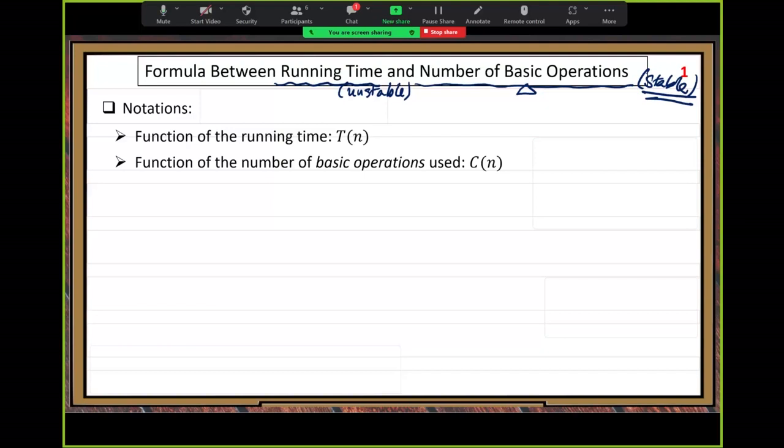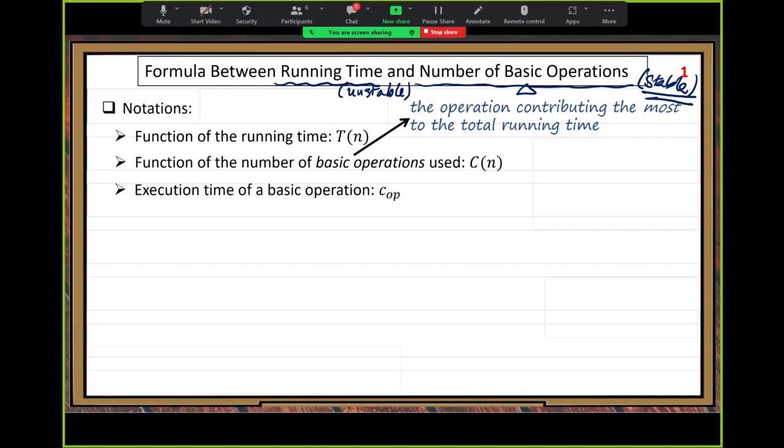If we look at our polynomial evaluation problem, the basic operation is multiplication, because it is the most dominant operation in that problem. The basic operation contributes the most to the total running time. So that one we call the basic operation.